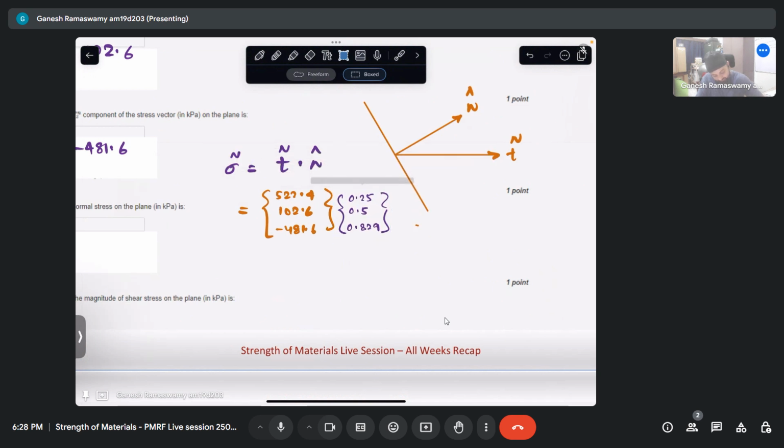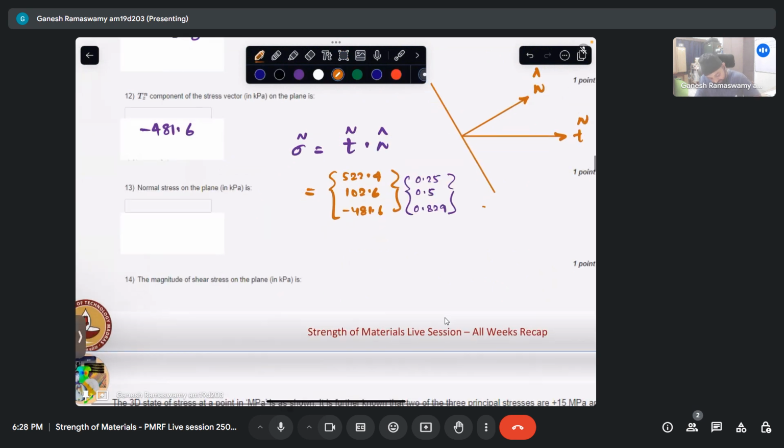So therefore, sigma n on this plane is nothing but minus 217.34 MPa. Now it is easy for anyone to do the dot product. This is just the multiplication of the corresponding quantities and the sum of the individual components.